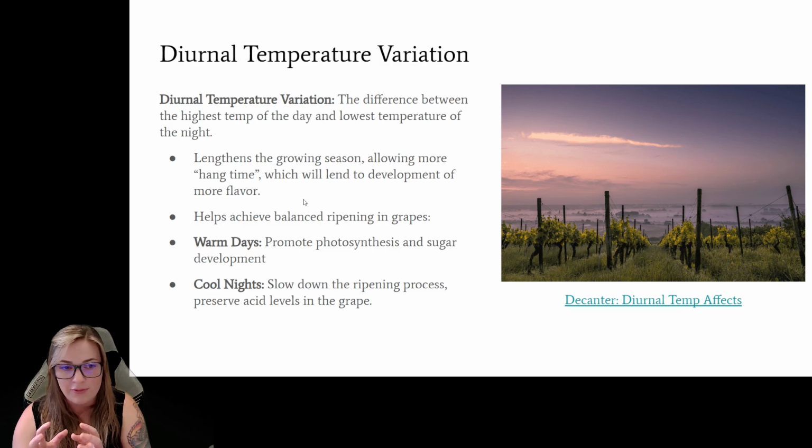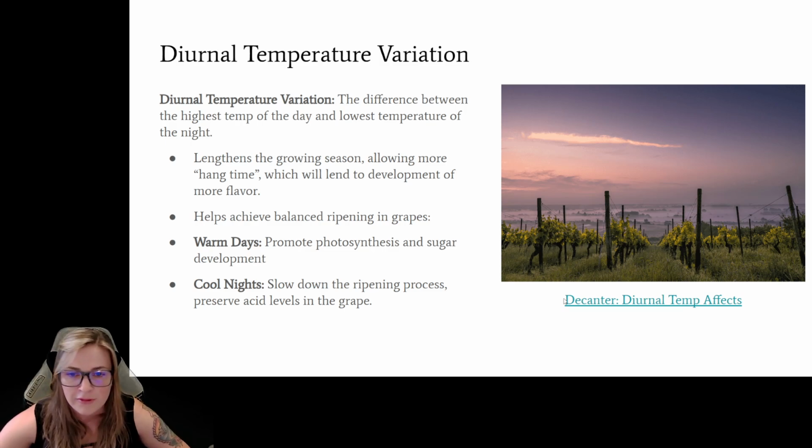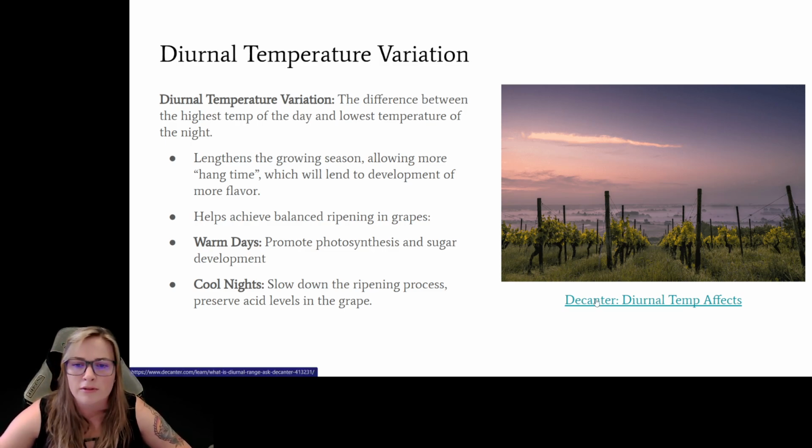So they didn't get to develop those fruity flavors or those precursors that you'll see change into complexity during the fermentation process. So that's why diurnal temperature variation is so important for grapevines. We also have a really nice article here from Decanter about diurnal temperature effects on a vineyard.